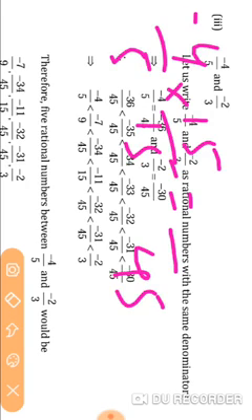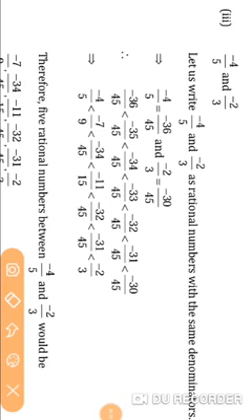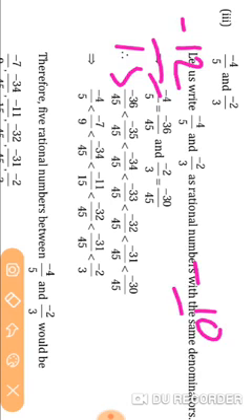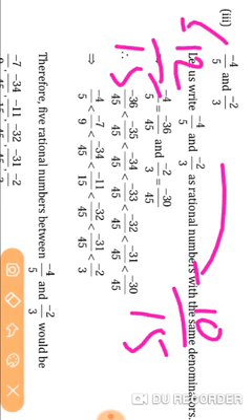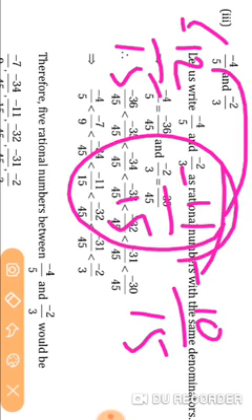If you take the direct LCM only, what does it become? Minus 12 by 15 and minus 10 by 15 come. For this one, if you take it directly, between minus 12 and minus 10, only minus 11 by 15 comes, so only one rational number we got.